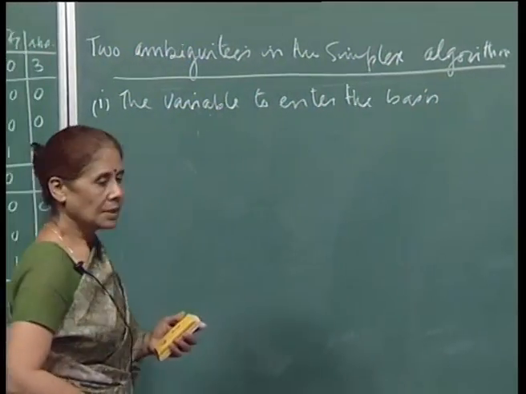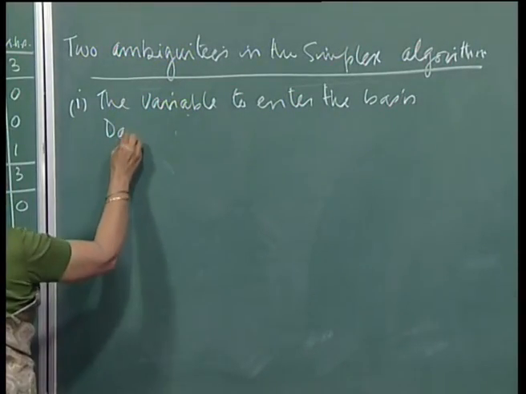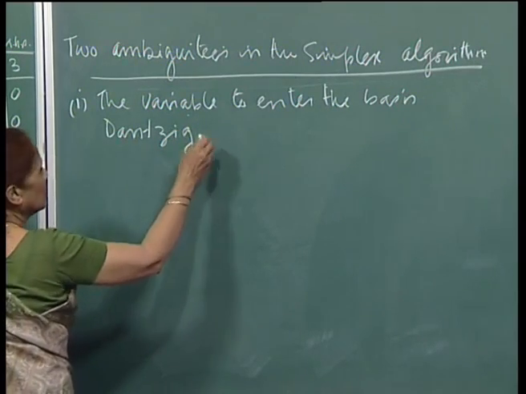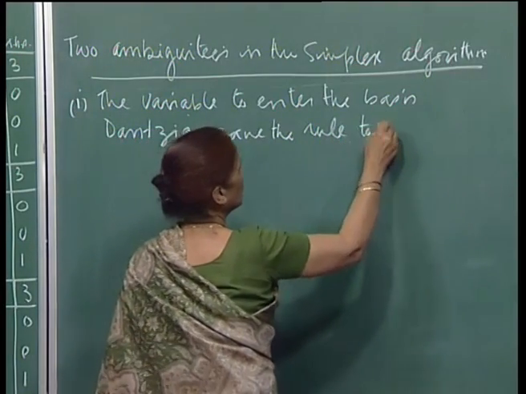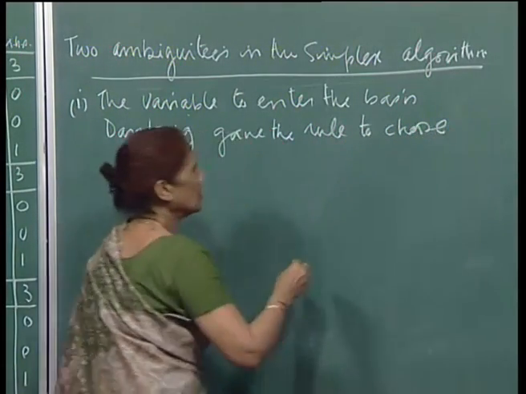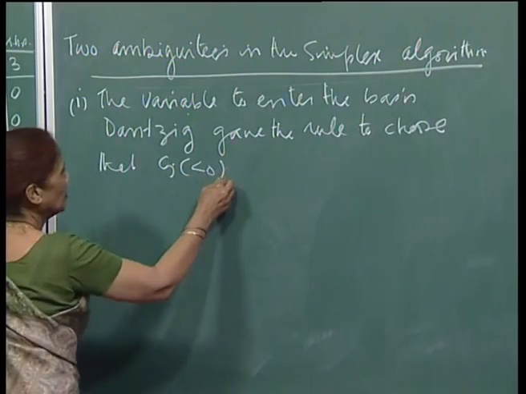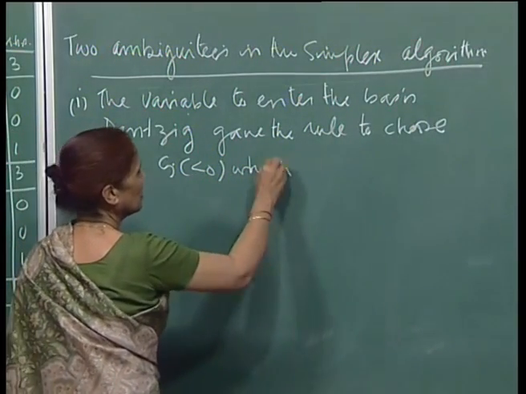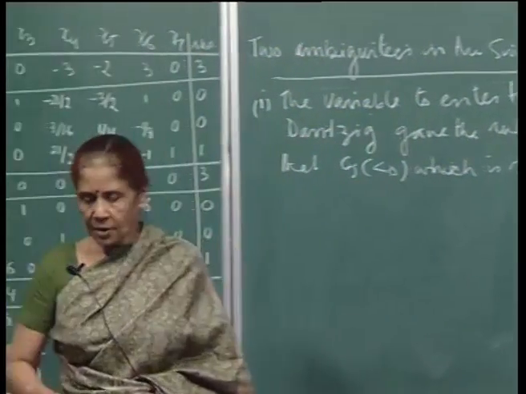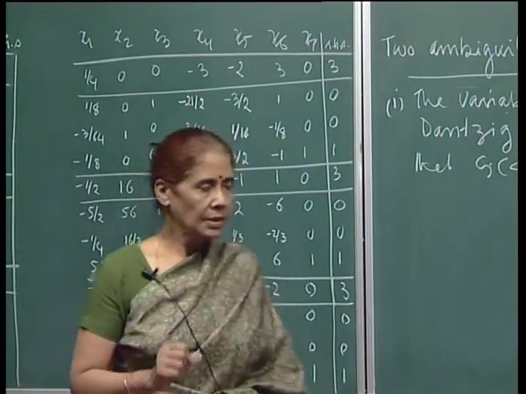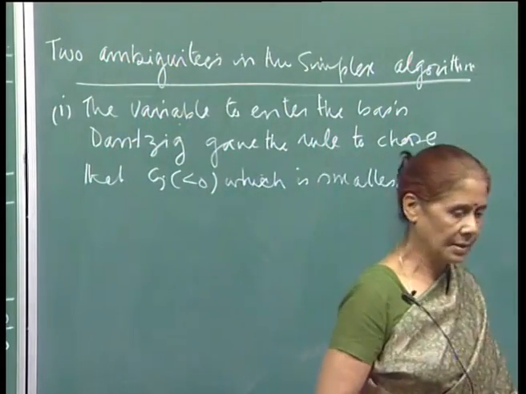Because as long as Cj bars are negative, here of course I told you that Dantzig gave the rule to choose the Cj less than 0 which is smallest. Okay, fine. Suppose you fix this ambiguity and say that we will go for that variable to enter the basis for which the Cj bar is the smallest, negative.